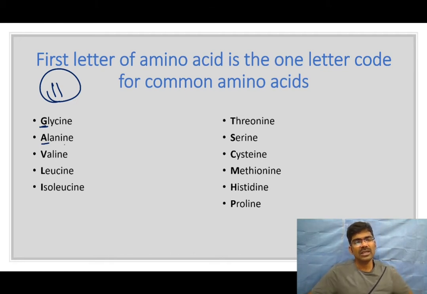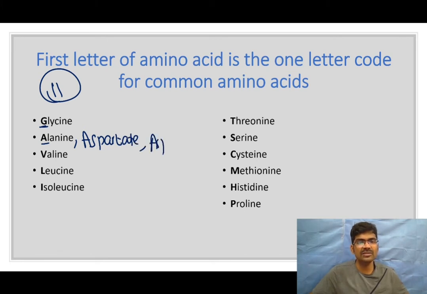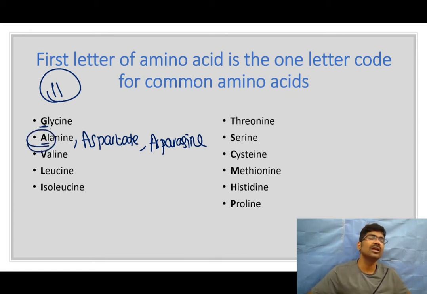If you see, alanine begins with A, aspartate also begins with A, asparagine also begins with A. So why did they go for only alanine? They have given the priority to the most commonly found amino acid.